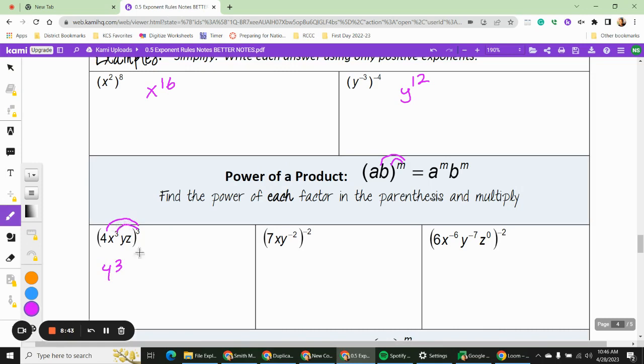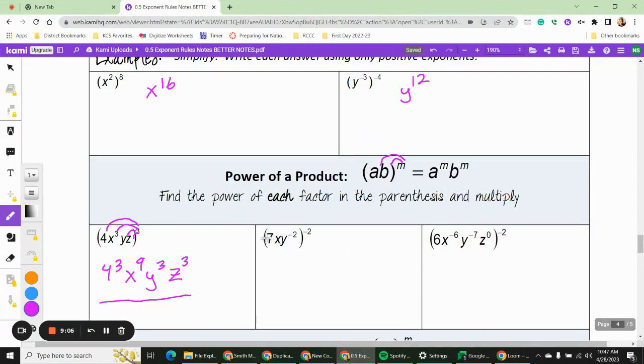And then we multiply 3 times 3 to get x to the 9th power. Remember that y is to the 1 power, so 3 times 1 is 3. And then also the z is to the 1 power. So I'm going to get z to the third power. And I can leave this like this, or I could also simplify what is 4 to the third power. But again, we're just focusing on the rule here.